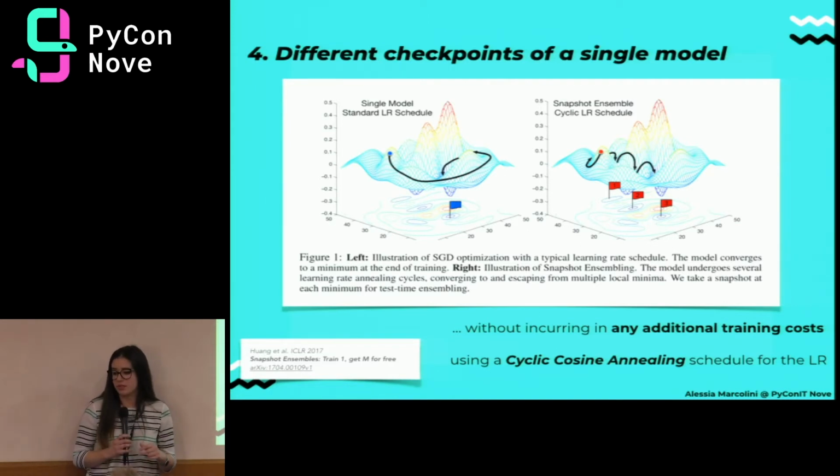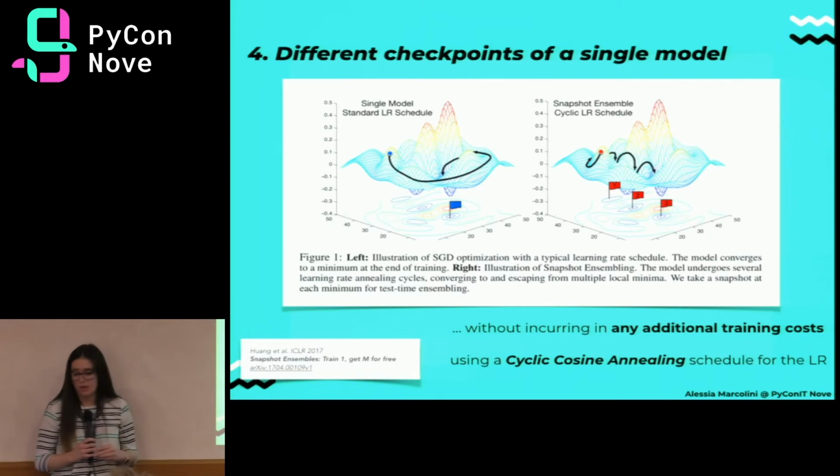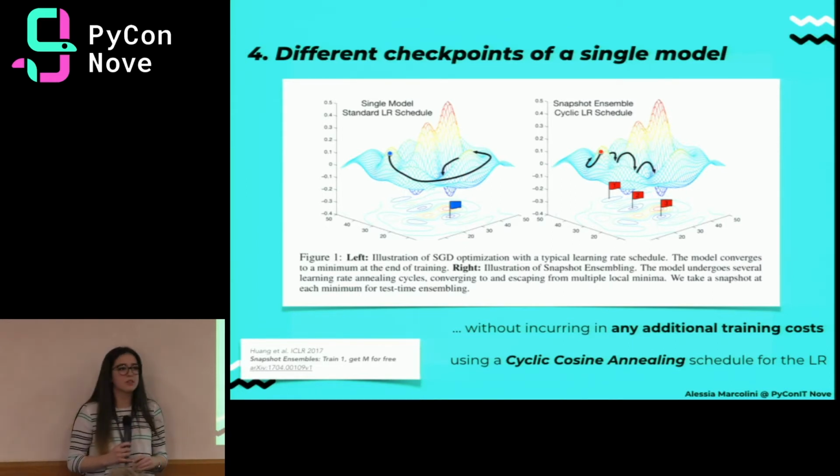They use the cyclic cosine annealing schedule, in which the learning rate is raised and then quickly lowered following a cosine function. In contrast to other traditional ensembling methods, following this procedure, the time required is exactly the same as training one model.